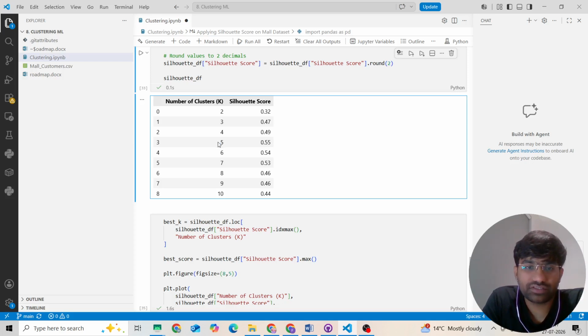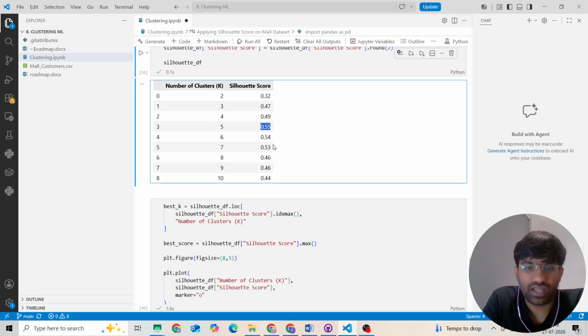After k equal to 5, it has started decreasing. When k is equal to 6, it has decreased, and k equal to 7, again there is a decrease. So from this calculation, I can say my optimal value of k is 5, because when k is equal to 5, the Silhouette score is highest, that is 0.55.